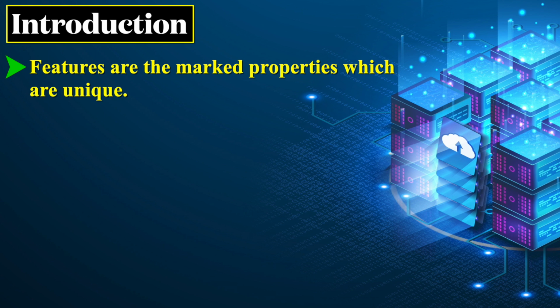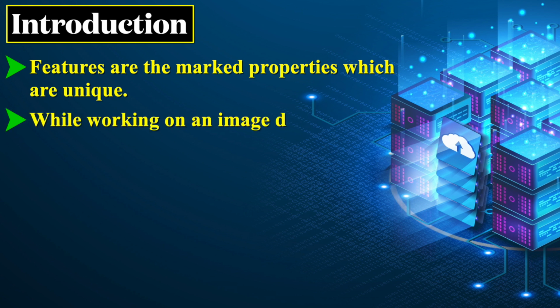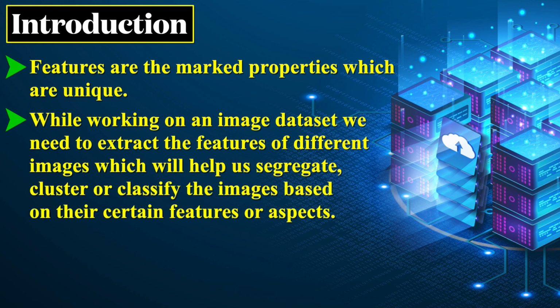You can ask me why we need features, what the role of these features is, and where they are used. The simple answer is that while working on an image data set, we are not going to look at every image and identify the objects. We give it to the computer program to understand the objects available in the image.